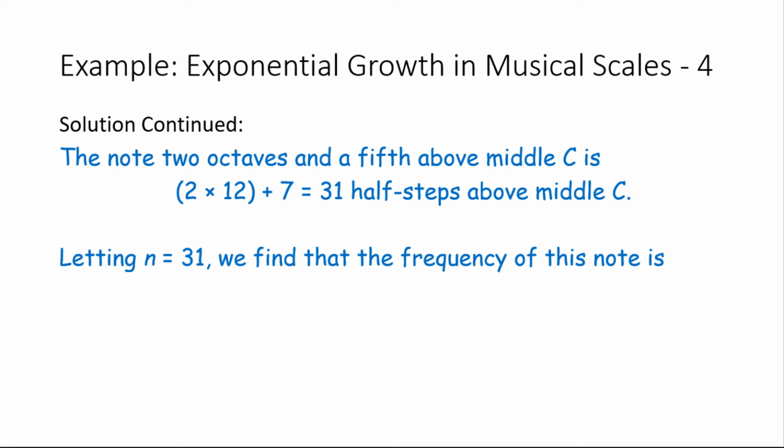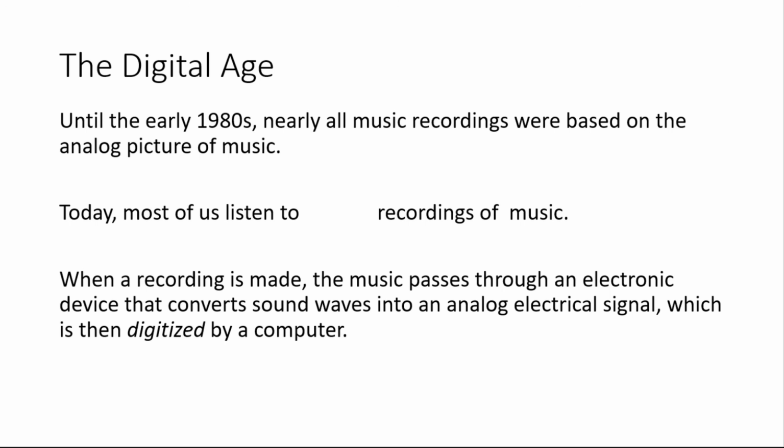We find that the frequency of this note, we write Q is approximately Q0, which we chose as 260, that's the middle C, times 1.05946 to the power of 31, which is approximately 1,558 CPS.